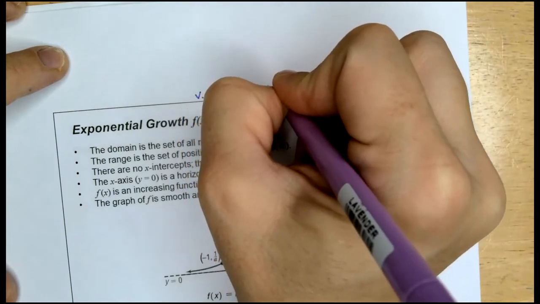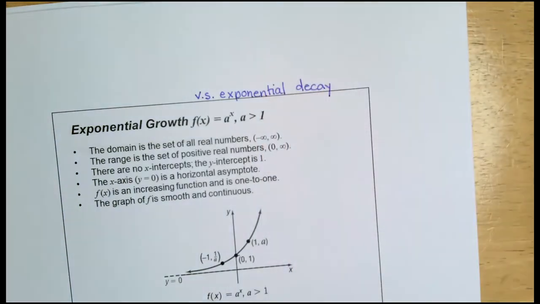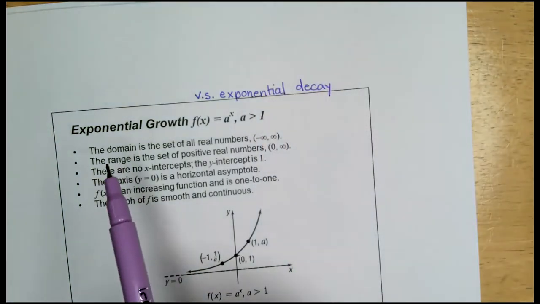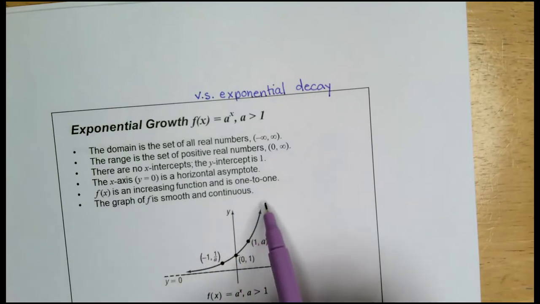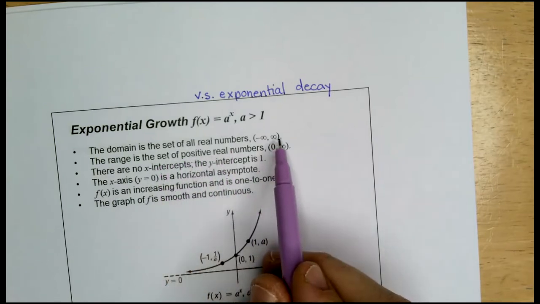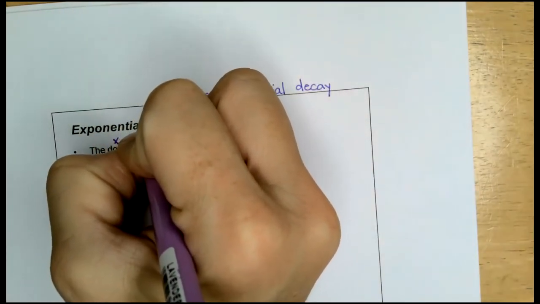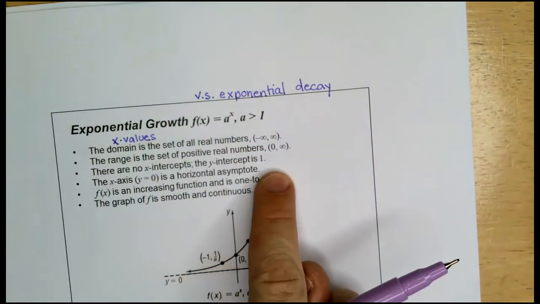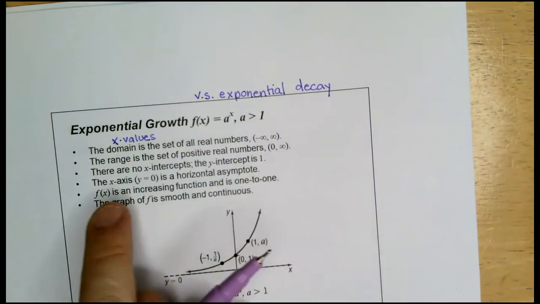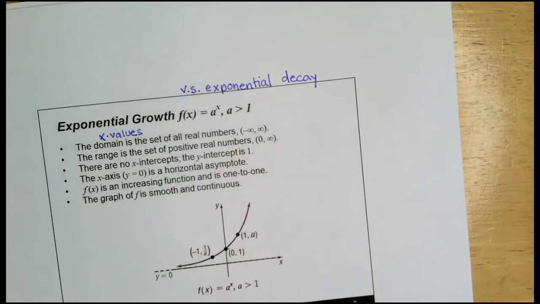They're very similar, okay? The domain of a graph of exponential growth is all real numbers. So the x values go from negative infinity up through infinity, okay? The range is only the y values.